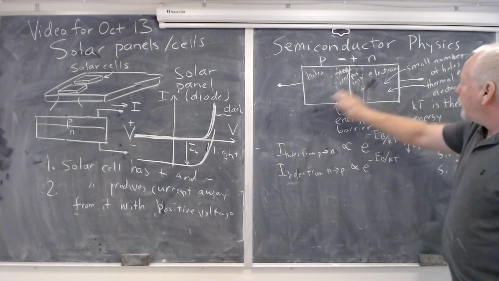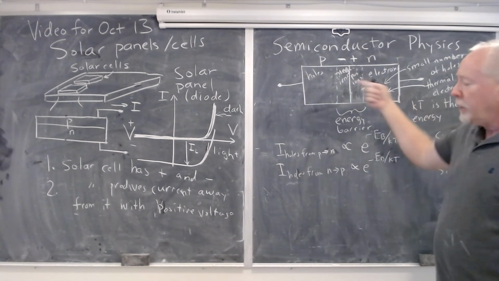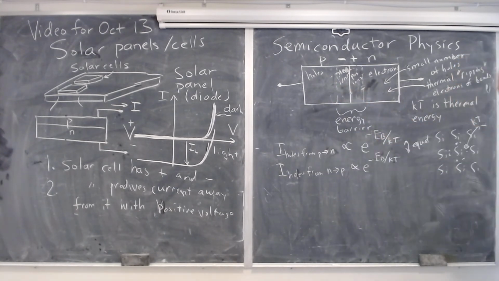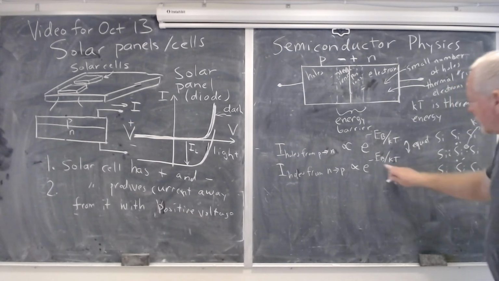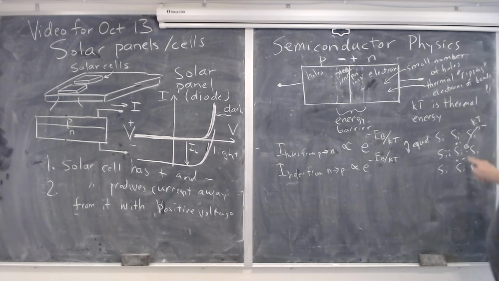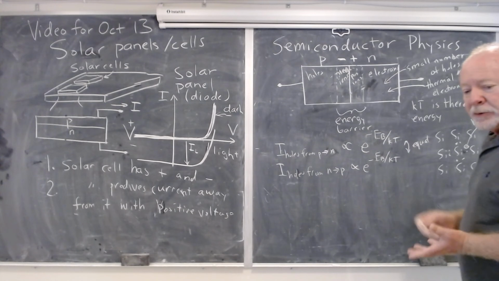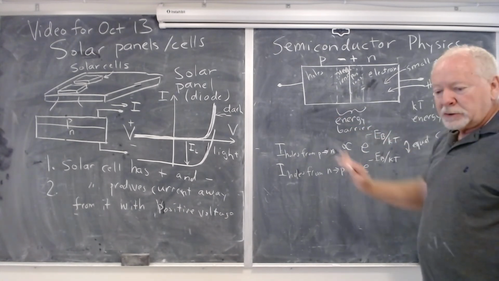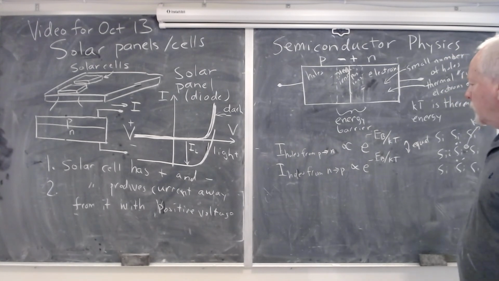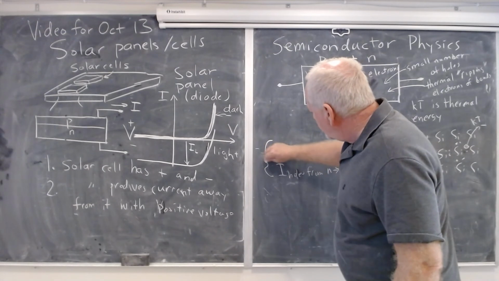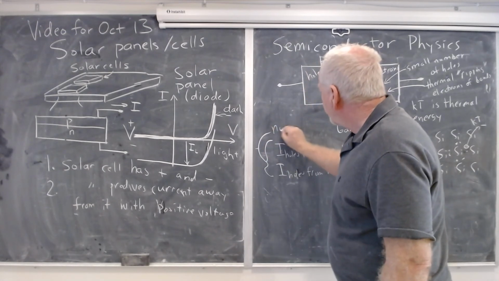There are holes moving that way. Now remember, if there's holes here, they like going in that direction because they see these negative ions, they want to go there. And they have the same quote-unquote barrier. The barrier is really the barrier of ripping off of a valence bond, but things have worked out so that they exactly equal each other. Now the same thing with electrons, and I'm not going to write that out because there's no need. This is at zero bias. No voltage.